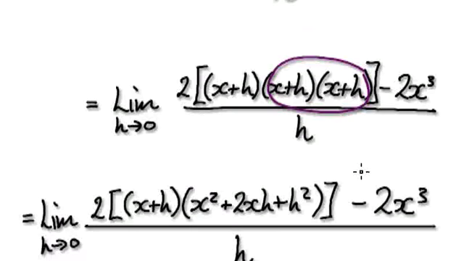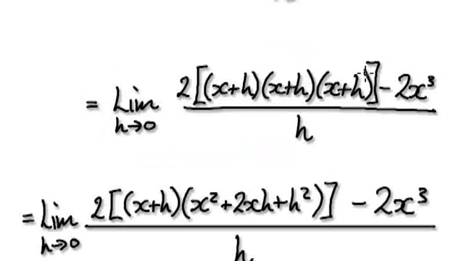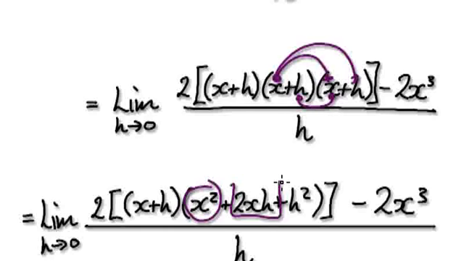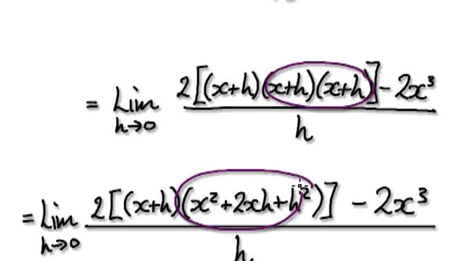Try to multiply these two out. That will be x times x, which gives you x squared. X times h, and then later h and x, that will give you 2xh, and then h times h gives you h squared. So merge these two together, that will give you this thing here.